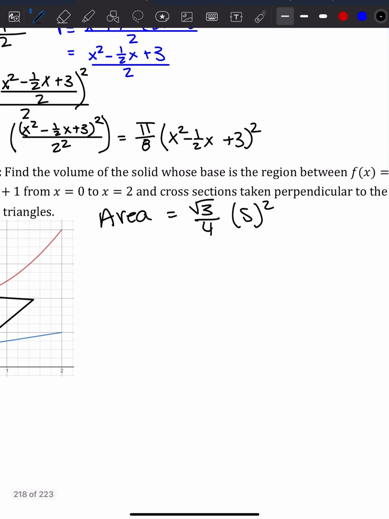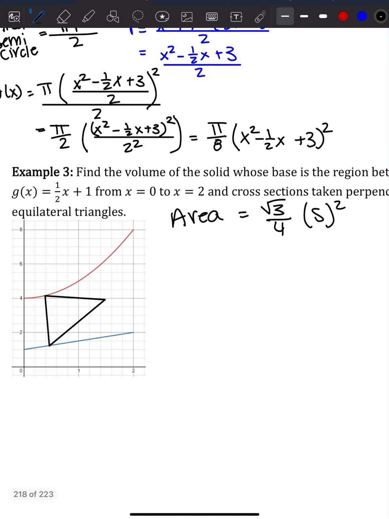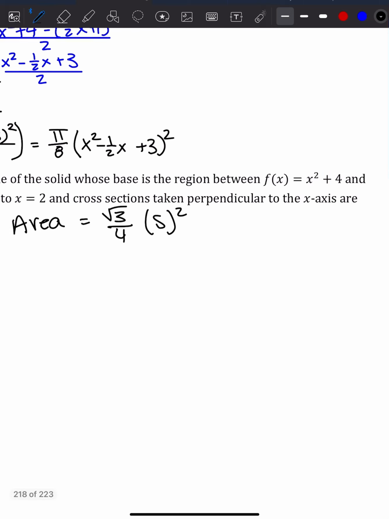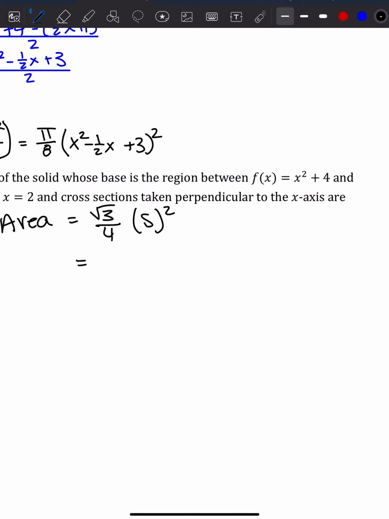So what we have here is we need to find that side length. Well, if we look here, our side lengths are all the same, so if I use just the base, then I just need to do the top minus bottom again. So our side length s is top minus bottom, so the top equation minus the bottom equation. Again, so I have x squared plus 4 minus 1/2 x plus 1.